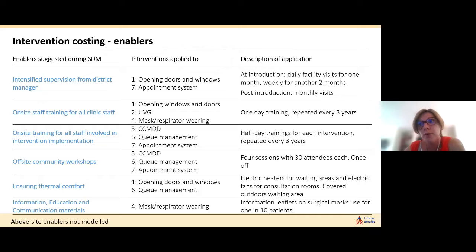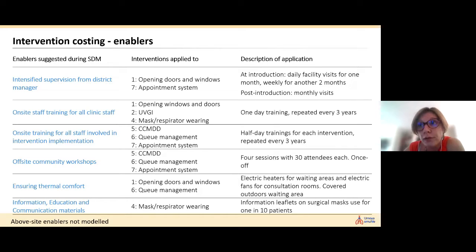And in this table, we have a list of the enablers modeled for each intervention. So as you can see, several of the interventions would benefit from the same enablers, such as additional and more frequent training sessions, intensified supervision from the district health office. So for interventions that require changes in behavior, not only for facility staff, but also for clinic attendees, we considered off-site community workshops to co-design the intervention and ensure community buy-in.